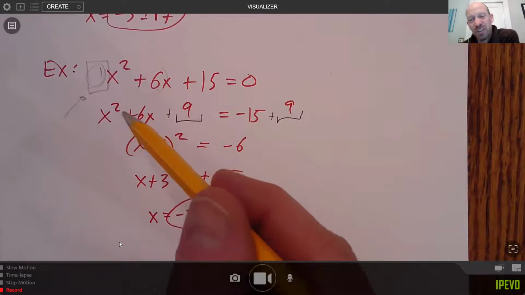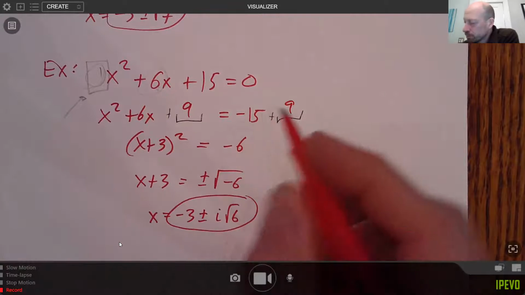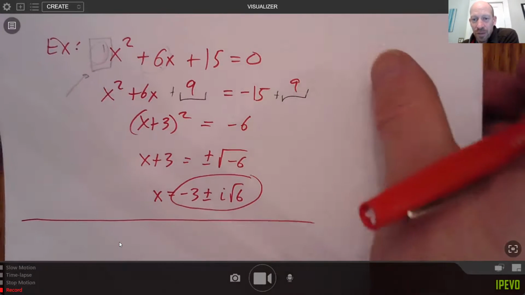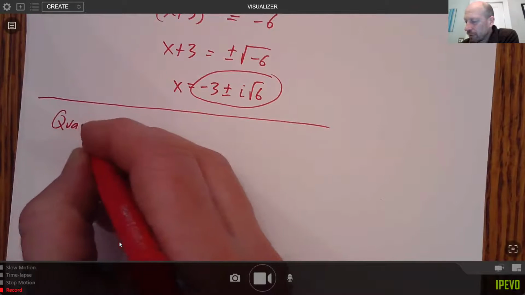So what we want is a little shortcut to completing the square. We're going to use that shortcut whenever we can, and that shortcut is called the quadratic formula.